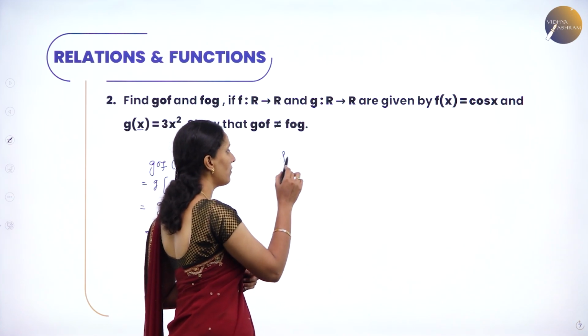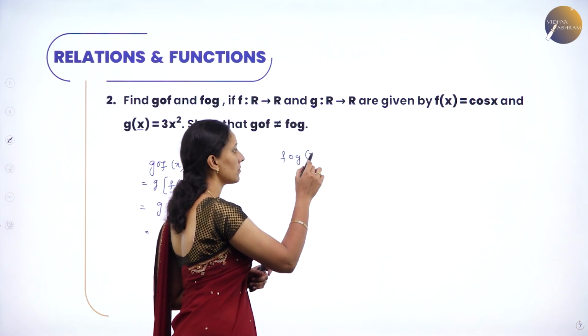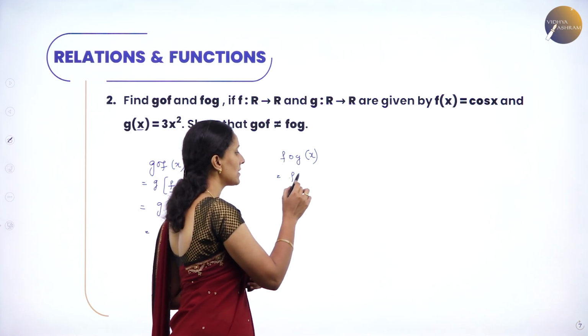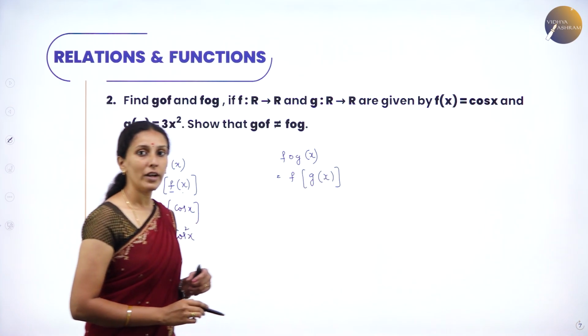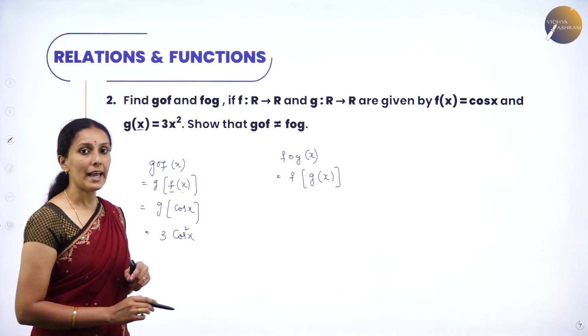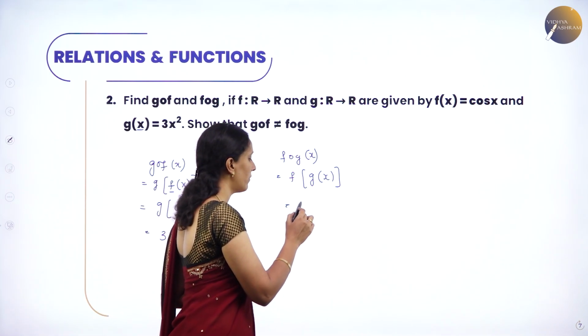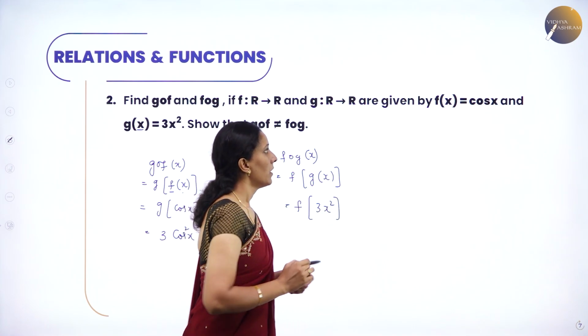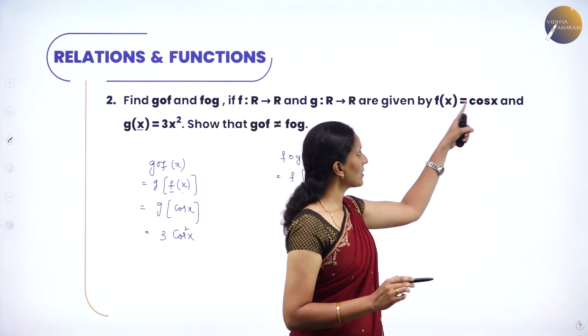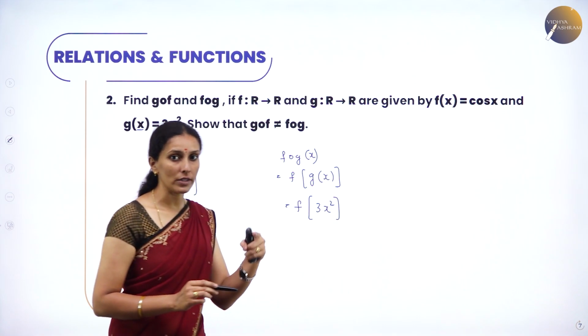Now let's see f naught g of x. Now f naught g of x is f of g of x. Now what is g of x? They have given 3x square. So we have to write here 3x square. Now suppose here f of x, we have to write it in the form of cos x.